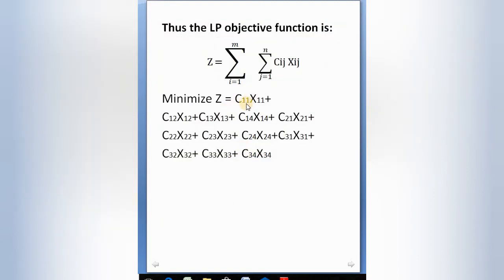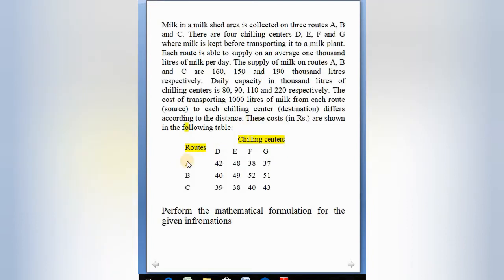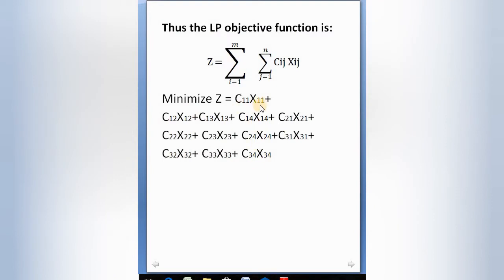So C11 X11 is term 1, C12 X12 is term 2, C13 X13 is term 3, C14 X14 is term 4. It means from route A to the first destination, second destination, third destination, and fourth destination. So there are four terms joined by pluses, 1 2 3 4.